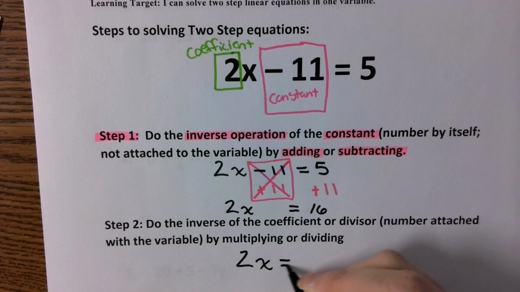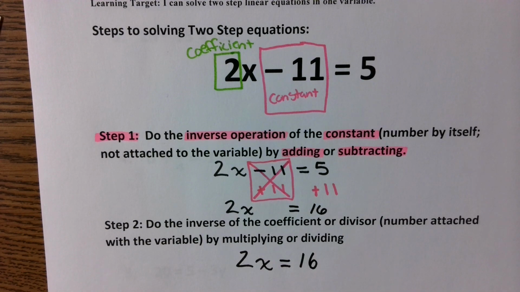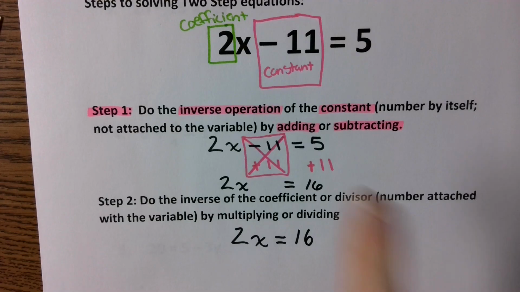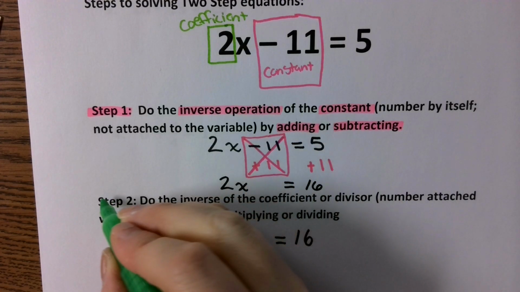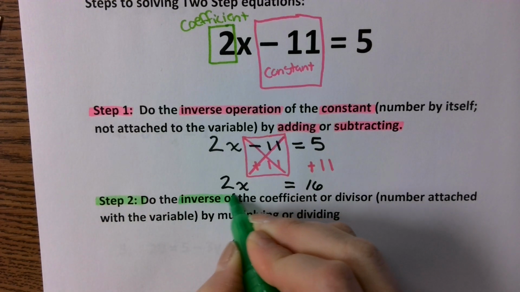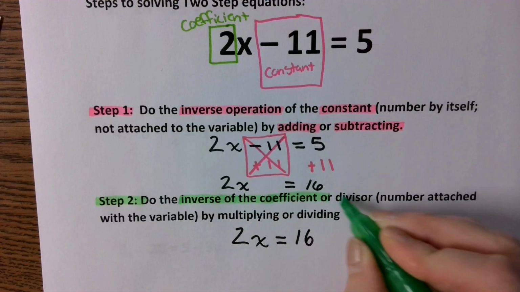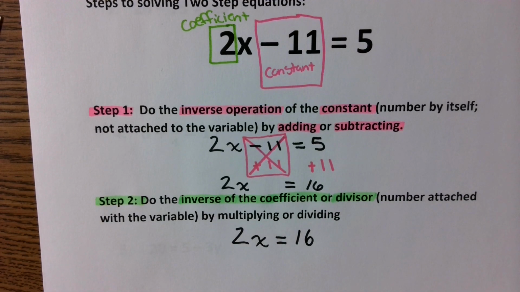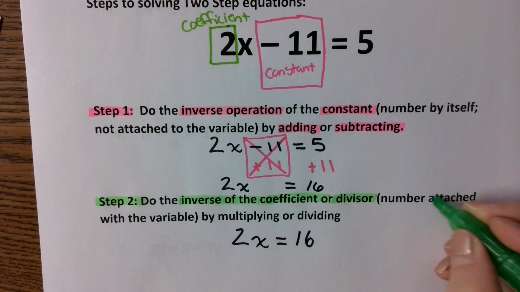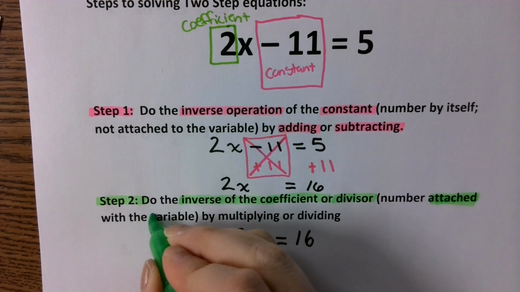That's where we go to our next step. Our next step says once you are done with your addition and subtraction, you're now going to move to doing your inverse operation to the coefficient or divisor. That's the number that is physically attached. Okay, look at that word. It's attached to the variable.